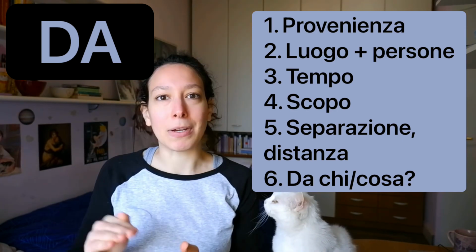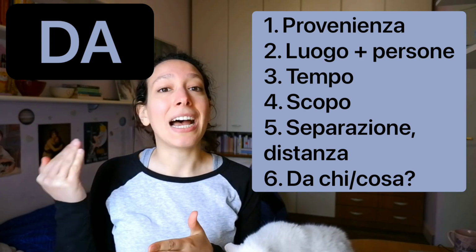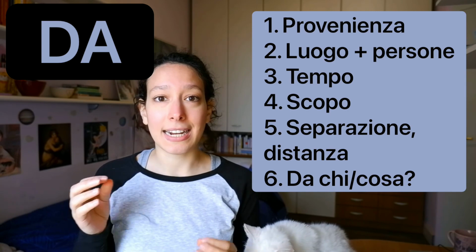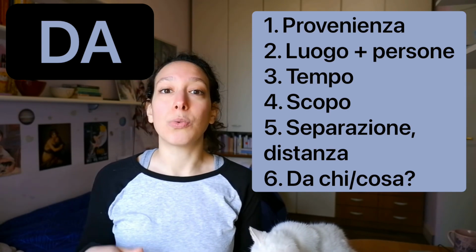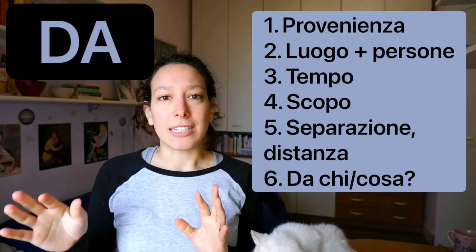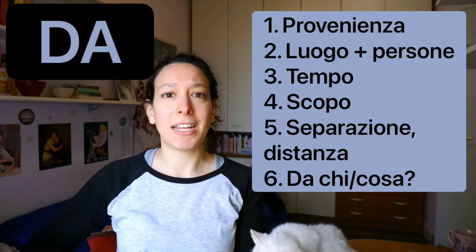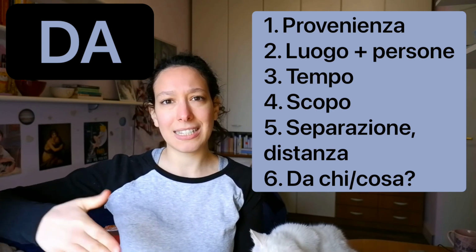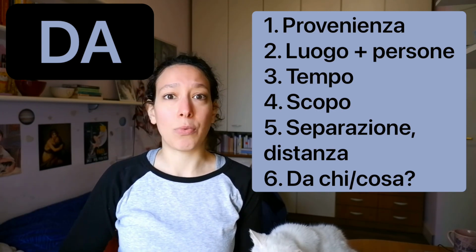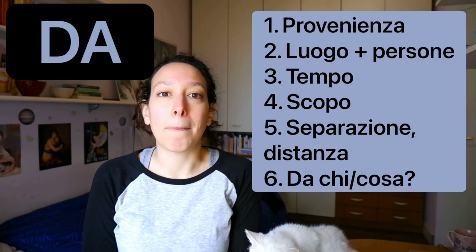The aim, what something is for. So scarpe da ginnastica, vestito da sera, tazzina da caffè. So what you want that thing used for. Separation, distance, so da me a te ci sono 20 metri, so this distance. Or stay away from me, stai lontano da me. And to answer the question, from whom.